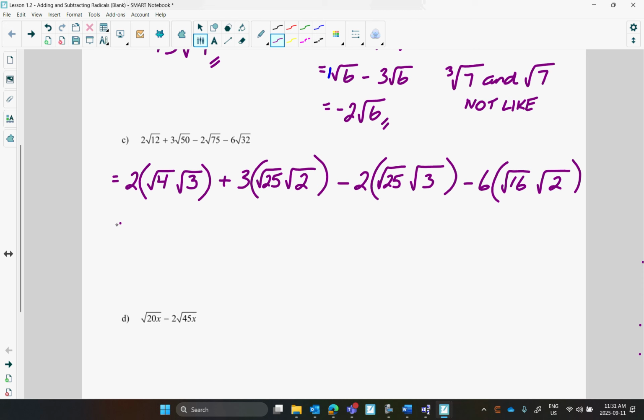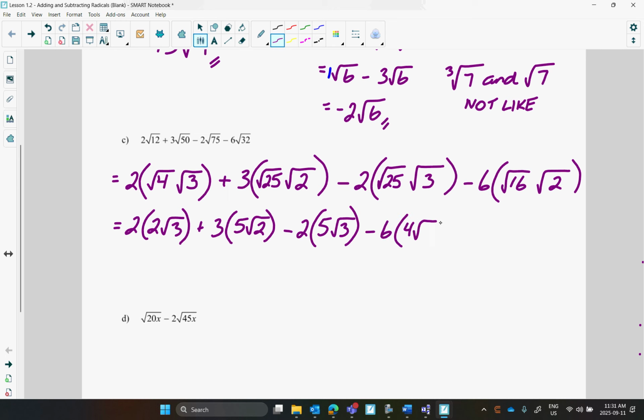So that gives us 2 times 2 root 3 plus 3 times 5 root 2 minus 2 times 5 root 3 minus 6 times 4 root 2.